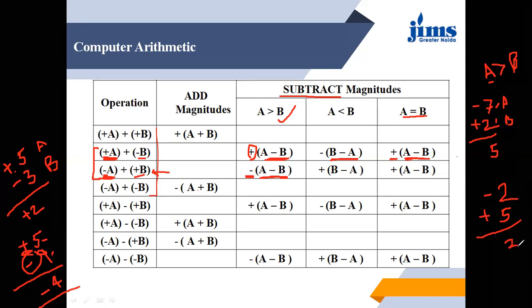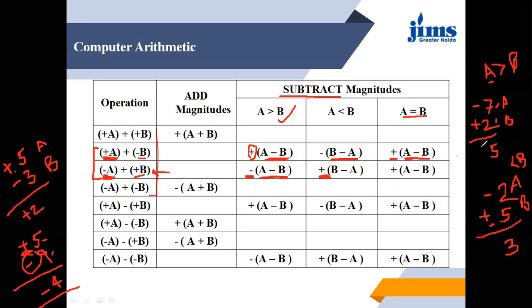Now we have to find out the sign of this. To find the sign, we have to check the magnitude of A. This is A and this is B. Is the magnitude of A greater than B or less than B? Over here it is less than B. So in this case, we will write the sign of B. You can see over here.